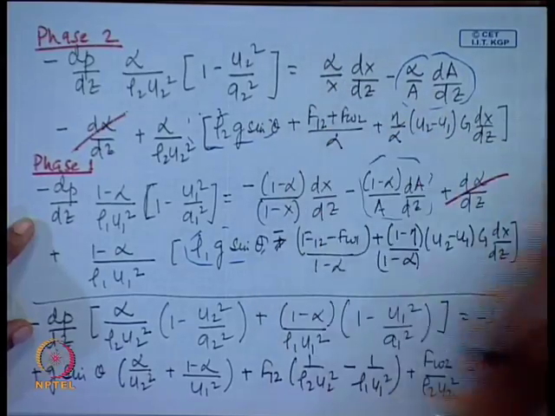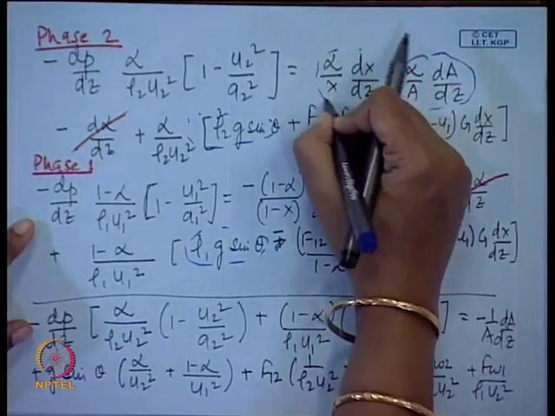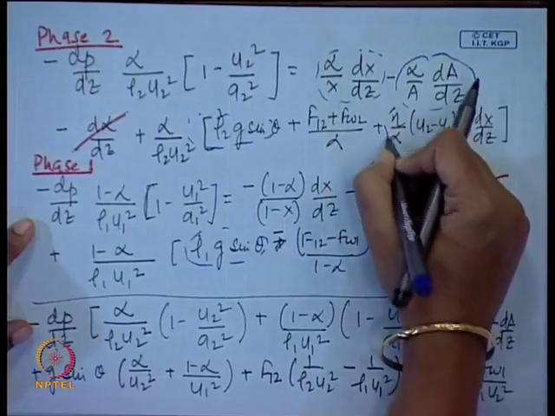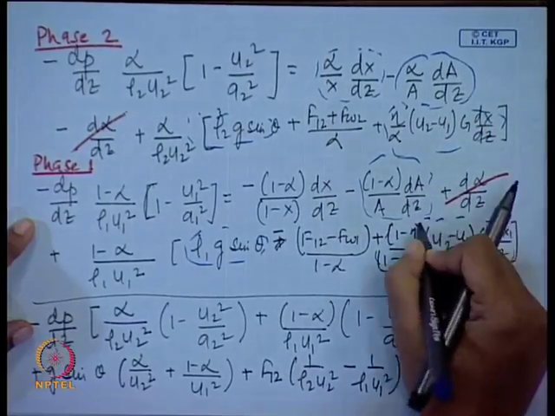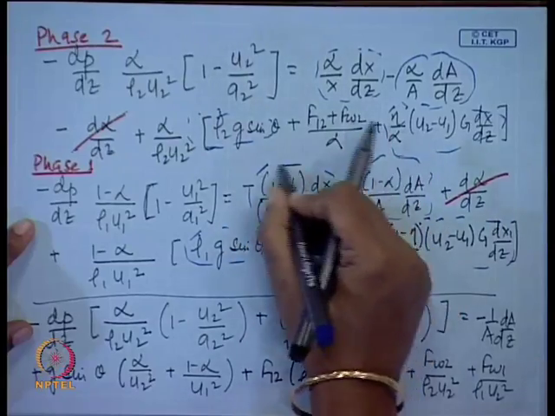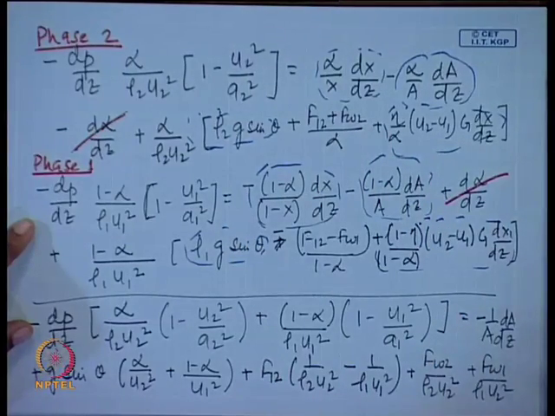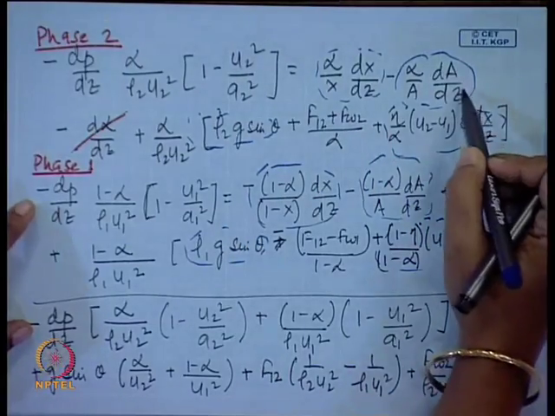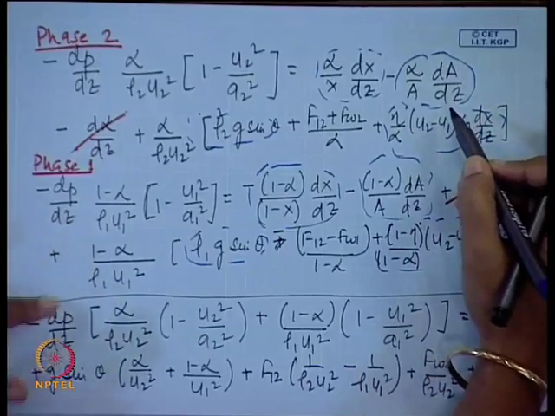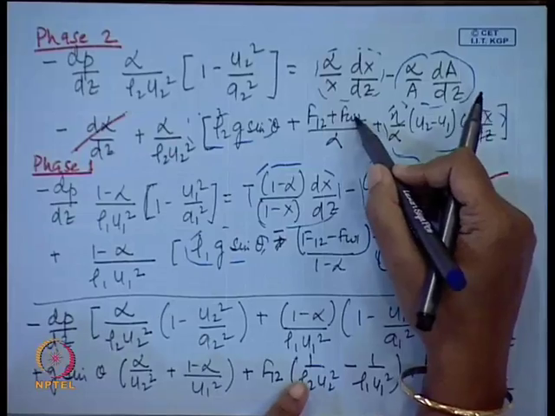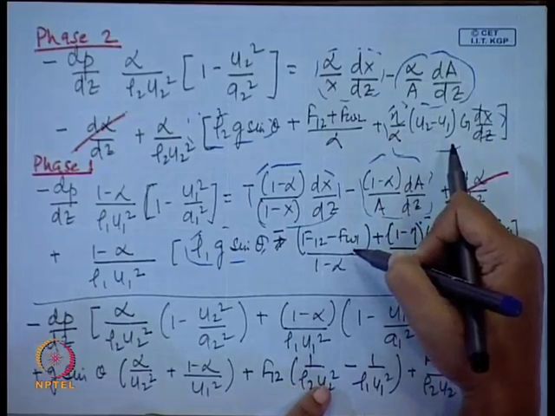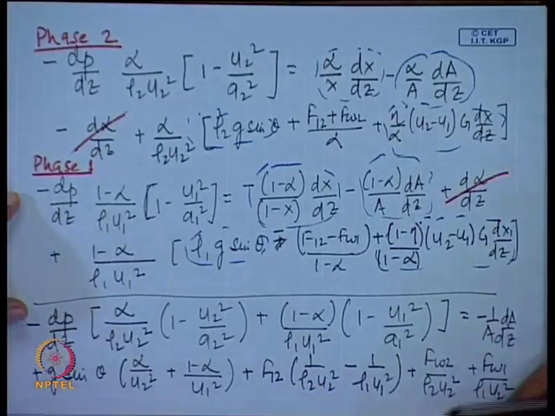There is one dx dz term here, everything concerning dx 1, and this is the other thing, and again this is one dx dz, this is another dx dz. So, we can combine, fine. We have written the dA dz terms, we have written the g sin theta terms, we have written f12 terms, we have written fw2, we have written fw1. Now, remaining is the dx dz terms. Okay.